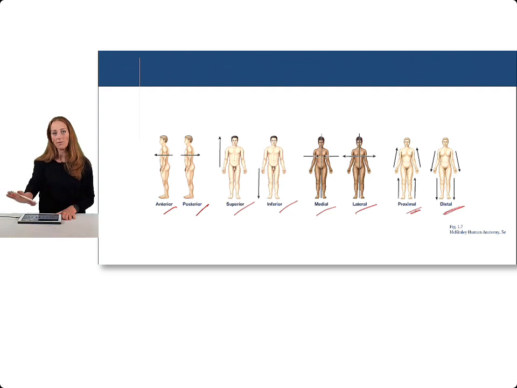So, for example, if we're looking at the upper limb, the body attachment is where the shoulder meets the shoulder girdle. So the attachment of the upper limb to the body is at the shoulder girdle. So everything then is in relation to the attachment of the body.